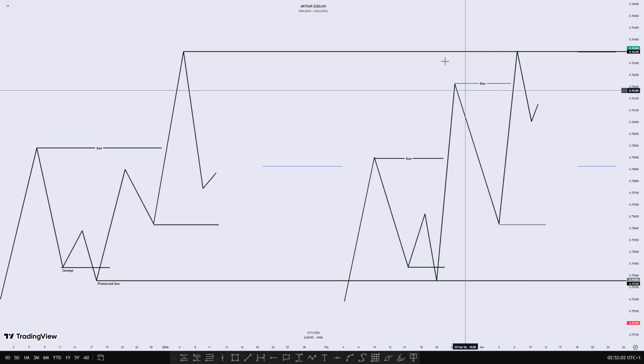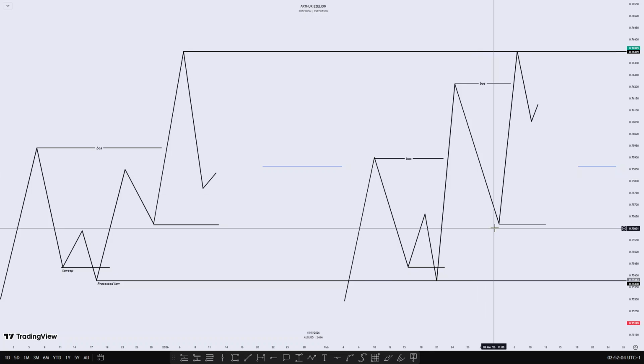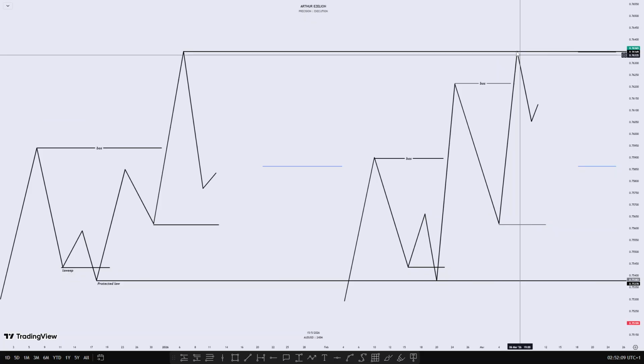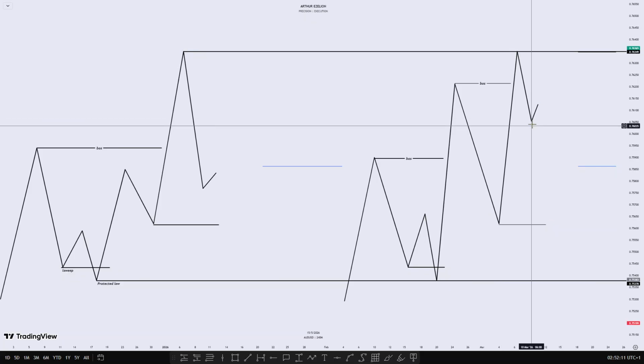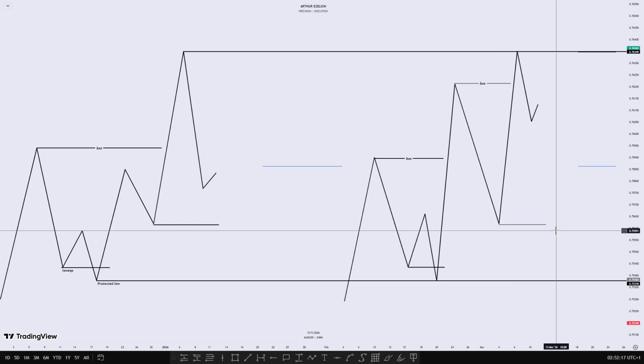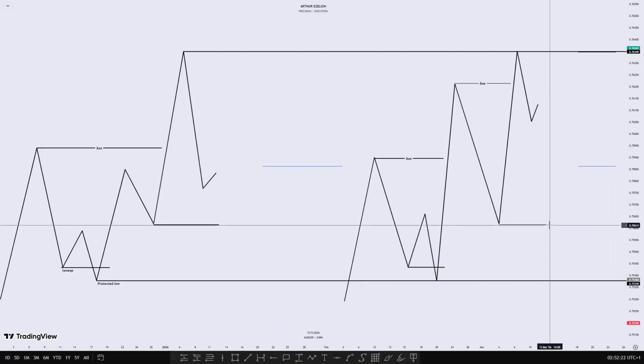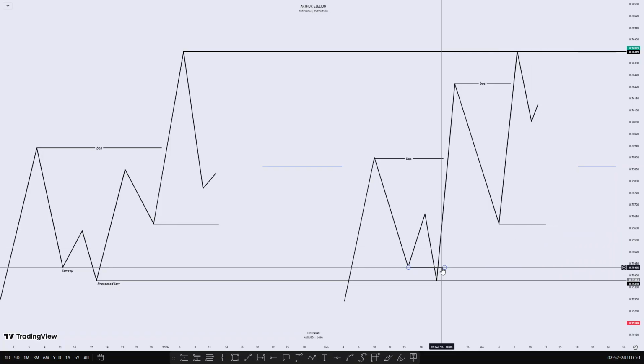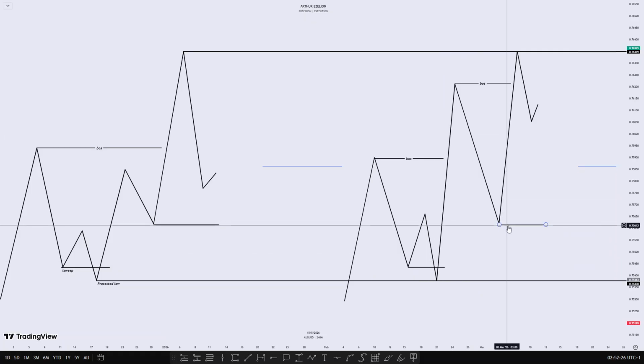So I'll wait for price to do its thing. In this case, price came down and broke the next structure. As it came down and broke the next structure, this last low now becomes a liquidity. So now we have the break of structure and internal liquidity, and all our criteria have been met.